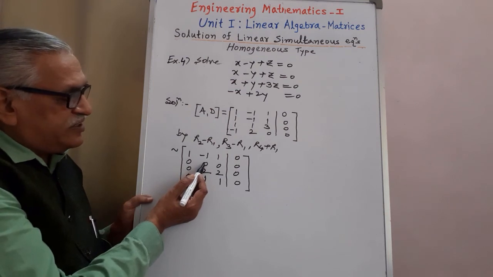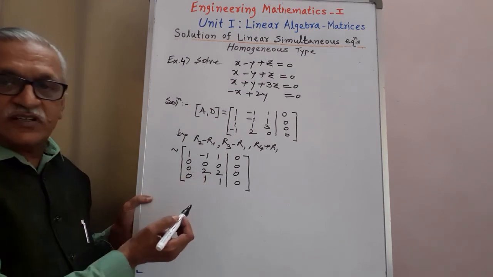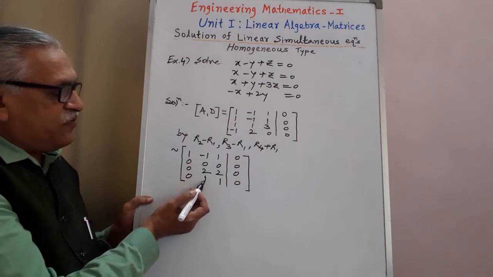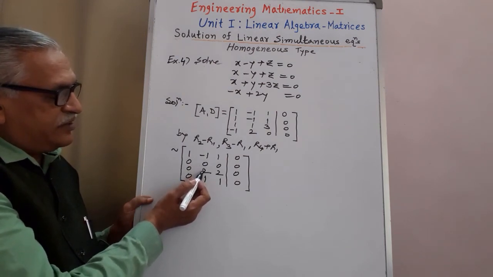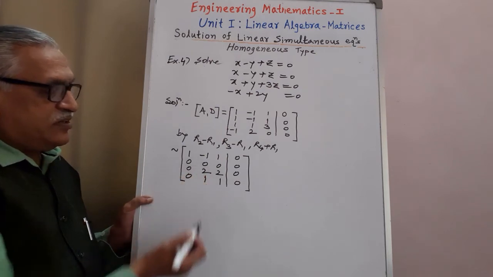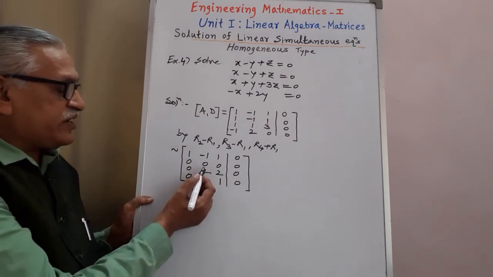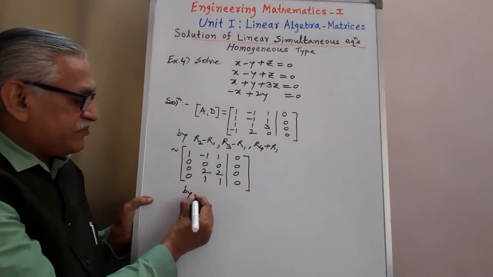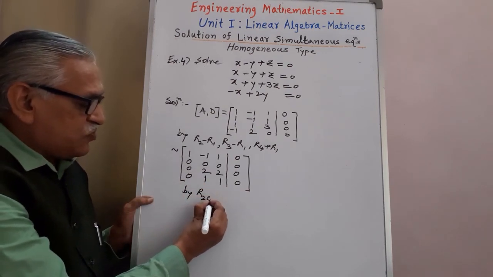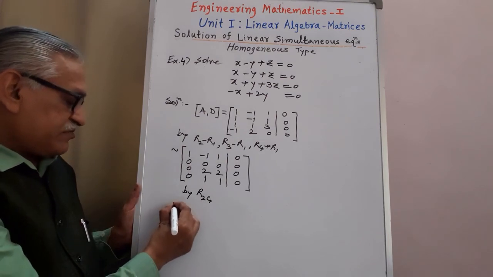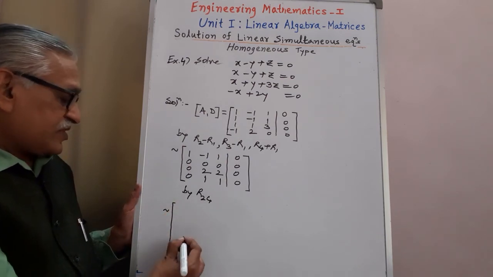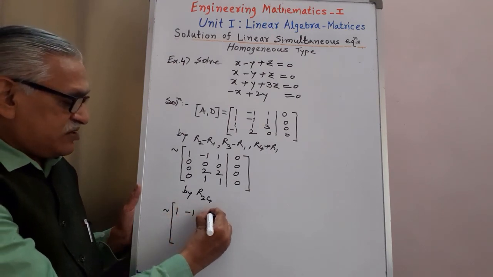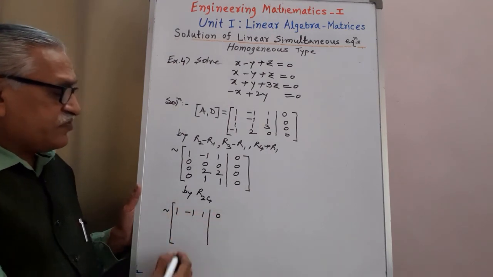Second diagonal element here is 0. Try to convert it into non-zero by interchange of either this or this row. Here I am changing the second and fourth rows. Therefore, by R2 and R4 we get: first row no change, 1, minus 1, 1, 0.